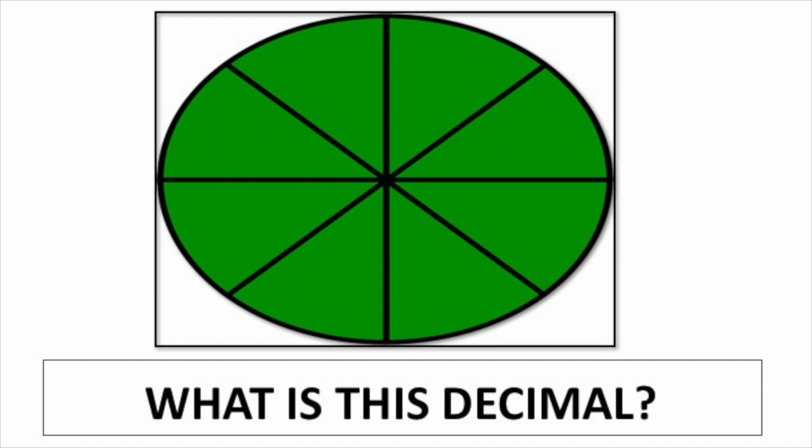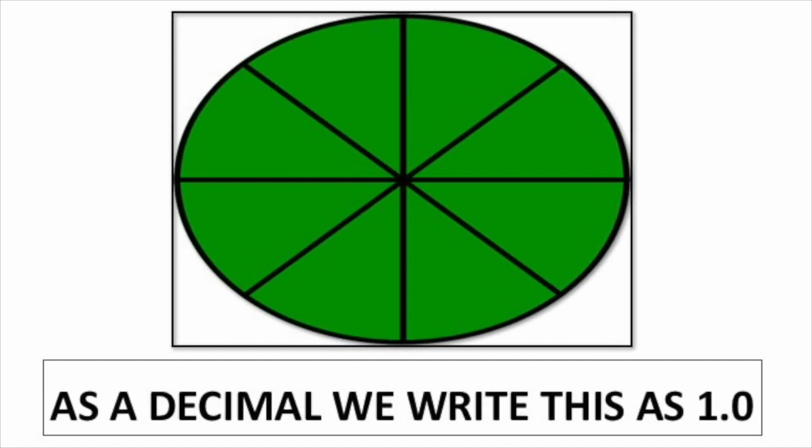A whole represented as a decimal is 1.0. As a decimal, we write this as 1.0. Try to remember that. It's important. A whole as a decimal, 1.0.